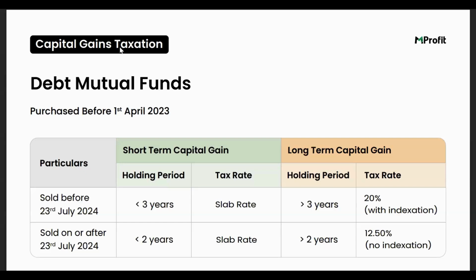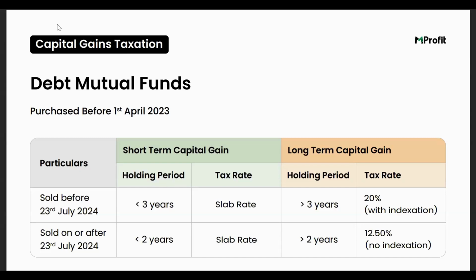If you're selling the mutual fund within 3 years of the purchase date, it will be classified as a short-term capital gain. For short term, the tax rate will be slab rate. That is, the total short term gain will be added to the assessee's income and will be taxed according to your tax slab. And if it is a long term, it will be taxed at a 20% rate with indexation benefit provided.